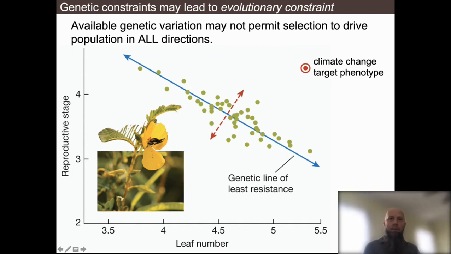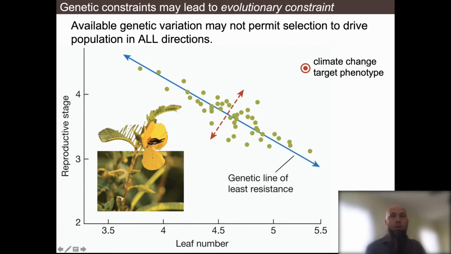If selection's acting on this population, the population could very quickly move up and down this blue line in response to selection. Where the population is going to have a harder time evolving is if the optimum trait value is somewhere like that red target dot on the top right. If that's where the population needs to get to, that's a no-go.